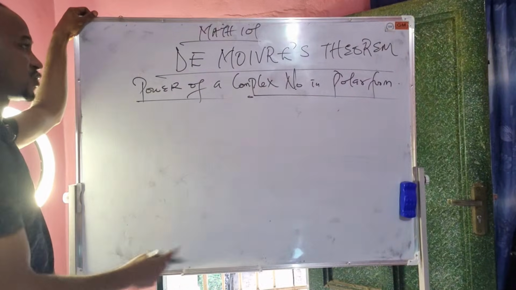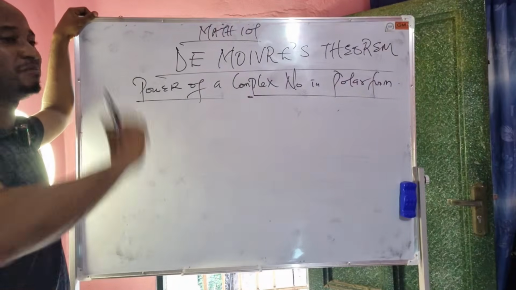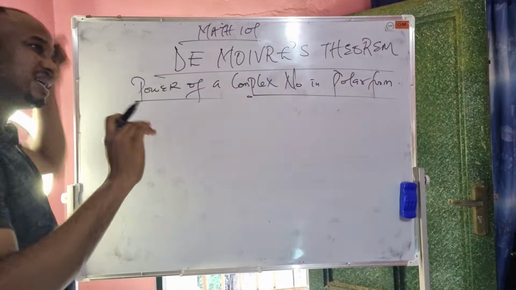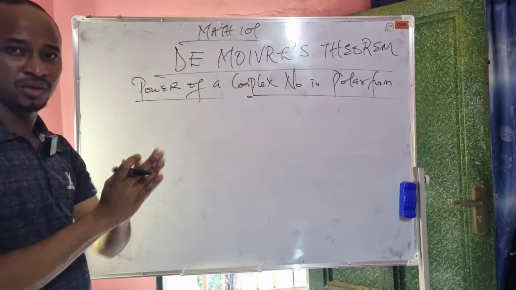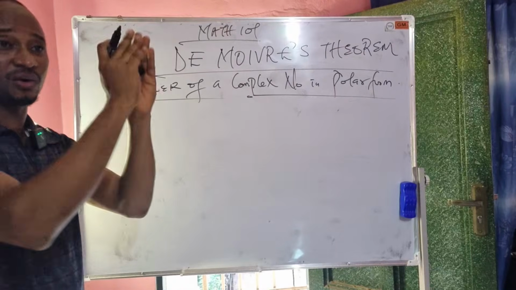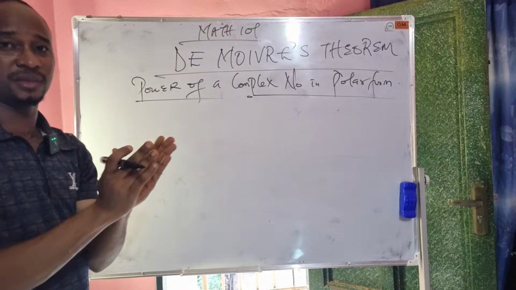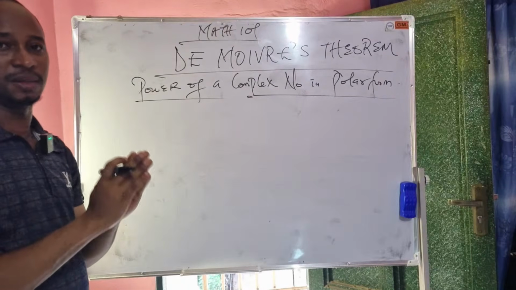The theorem says that to raise a complex number to a certain power n, we raise the r to the power of n and multiply the argument by n.